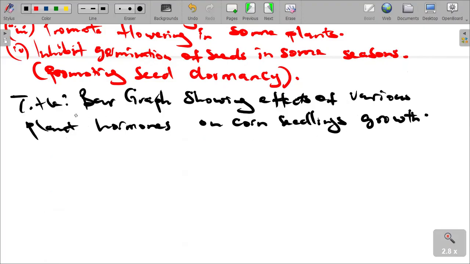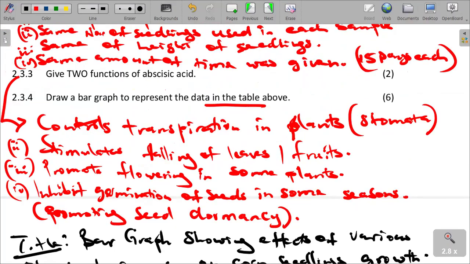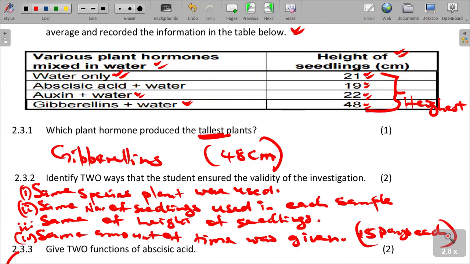So this is the first thing that you need to take note of. The bar graph must have a title. So we have to look at our dependent and independent variable. The dependent variable is on the vertical axis and the independent on the horizontal.